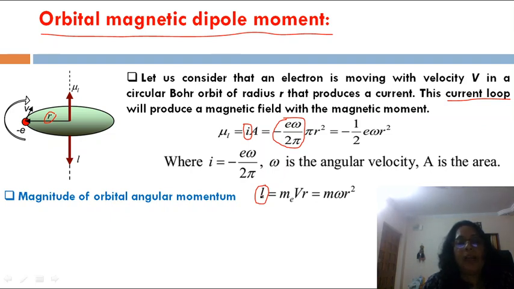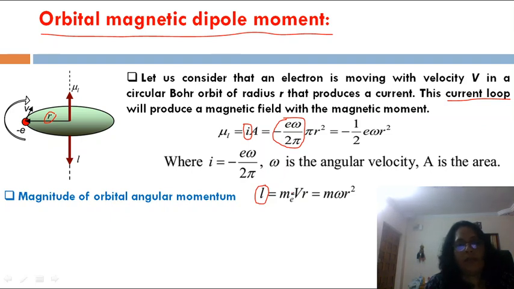This orbital angular momentum is mvr, general formula. v is linear velocity, r is the radius, and m is the mass. This is orbital angular momentum.